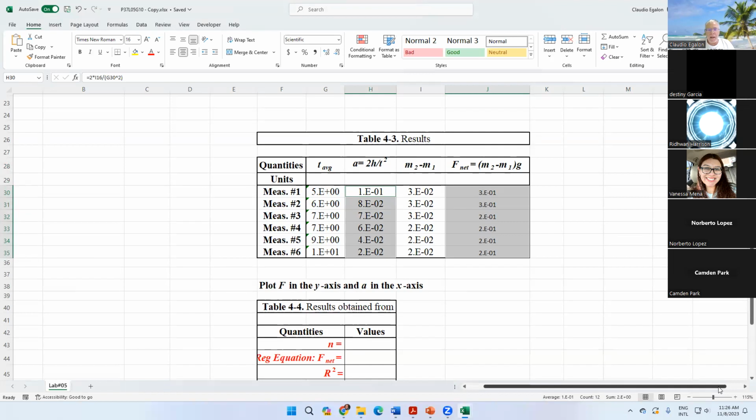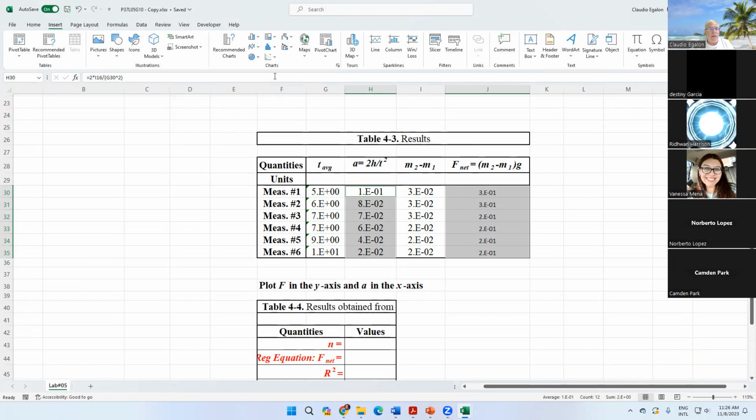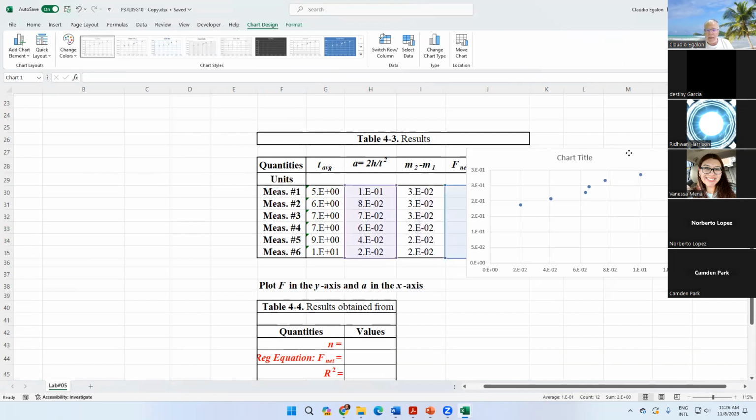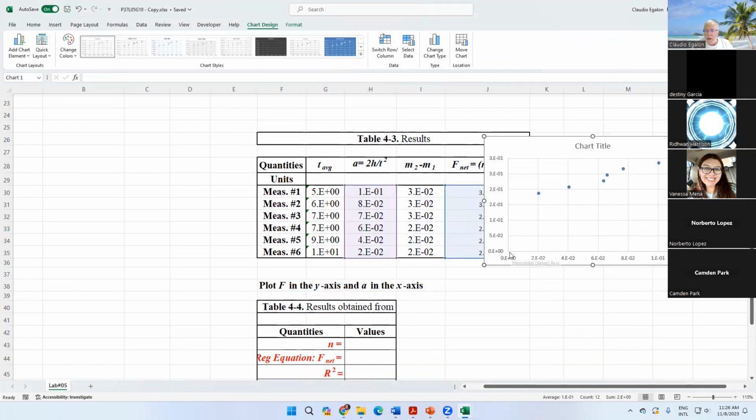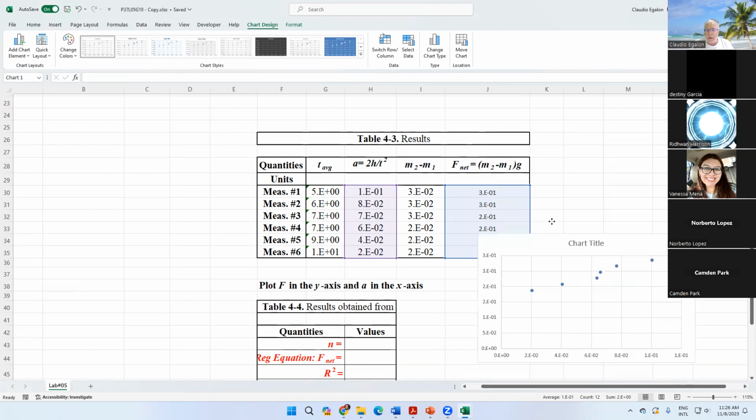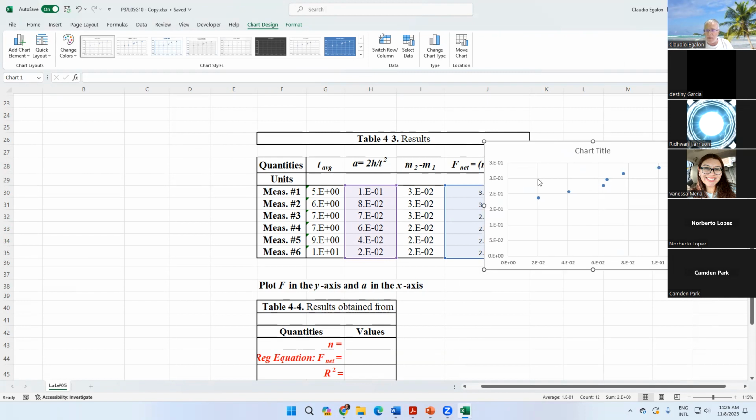Newton's second law is independent of the kinematic equation. So if you did everything right, if it's good data, a little bit off here, but it looks like in general it's a straight line. That's what I'm getting here. So you have to do the same for your own graphs.